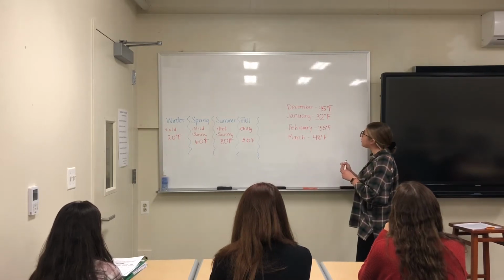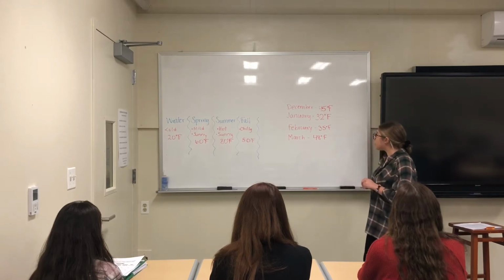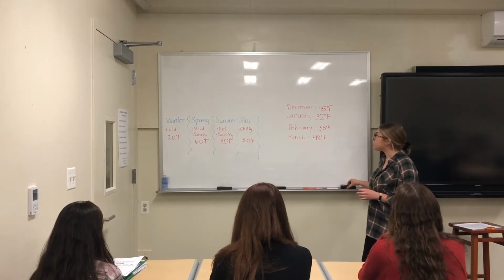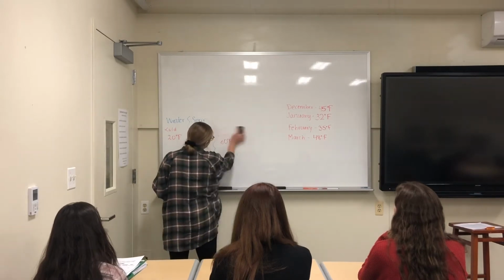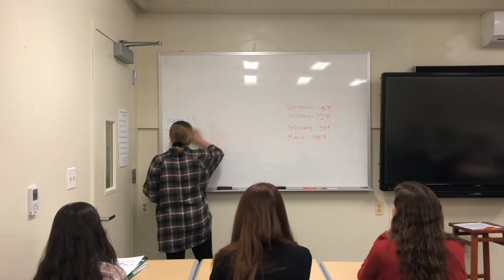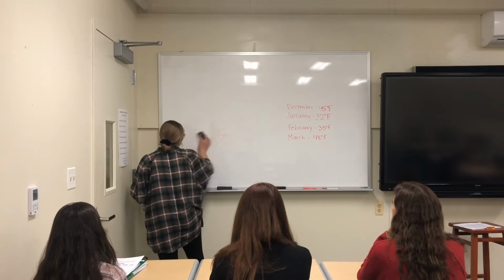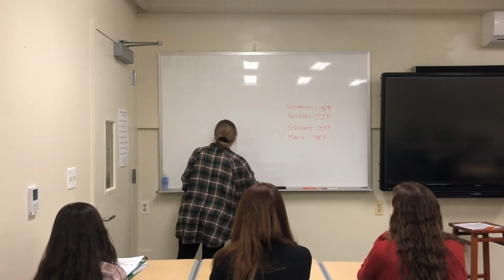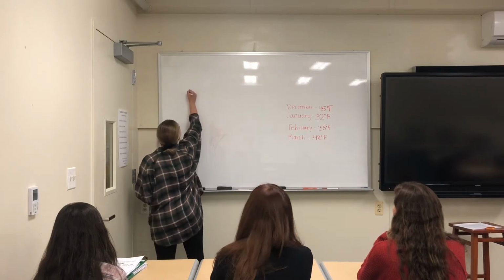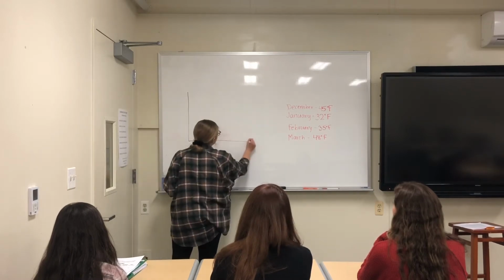So now that we know these average temperatures for our winter months, we're going to graph this data and see what that graph can show us. It might make certain patterns more clear. So when we're drawing a graph, it's super important to remember the different parts of our graph.